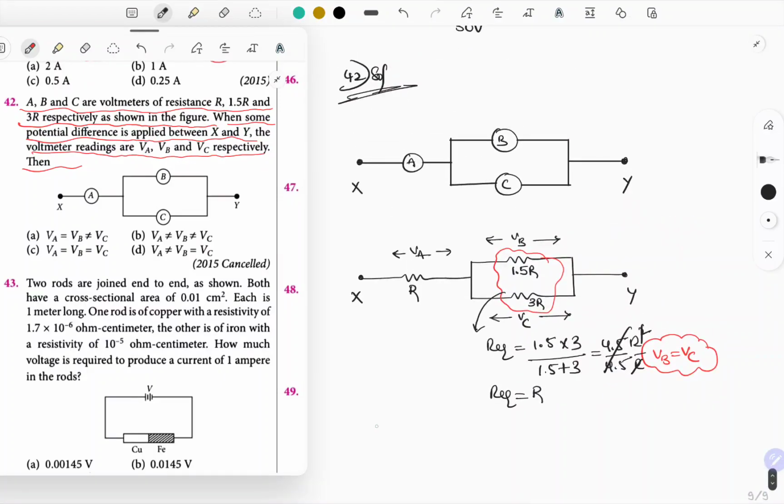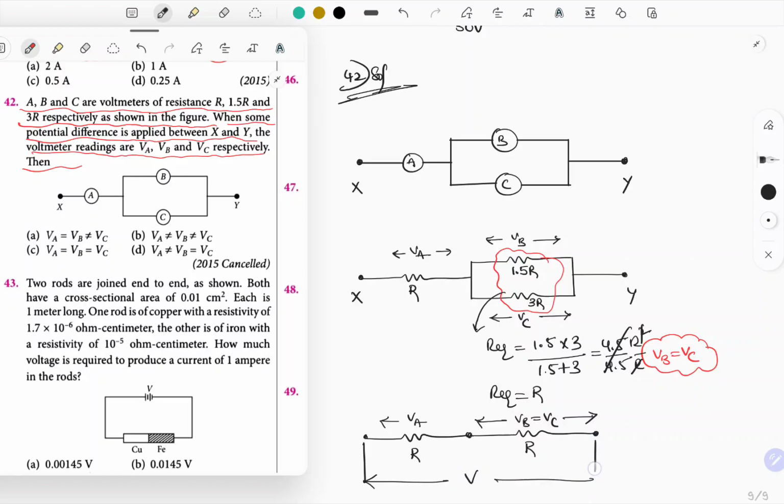So this is how the remaining circuit looks. The equivalent resistance of B and C is also equal to R. A is also equal to R. Voltage across A is VA. Voltage across B and C is the same because they are connected in parallel. So if I give a supply voltage V across these two combinations of resistors, as their internal resistance is the same, definitely I am going to get equal voltage.